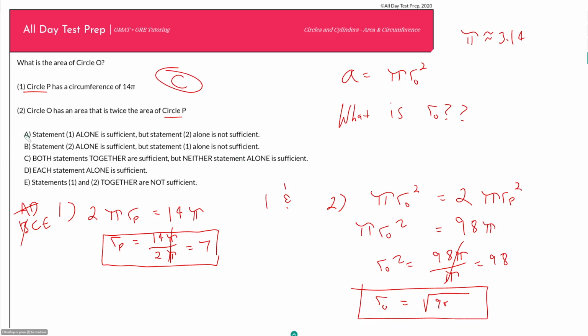And this was actually a bit of a weird data sufficiency question. This happens sometimes where we rephrased our question as, what is the radius of circle O? Or I should say, I rephrased the question thinking that would be easier than having to find the area. But actually we had the area, which was the original question, right here.